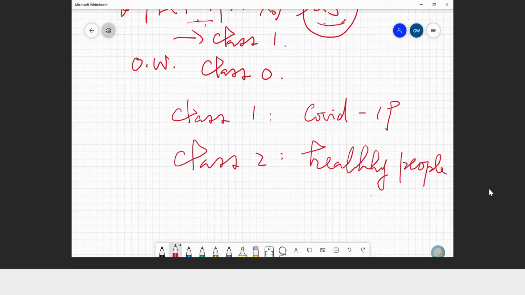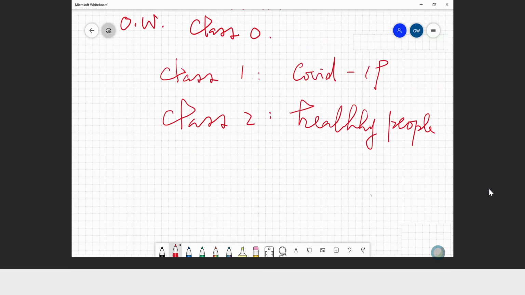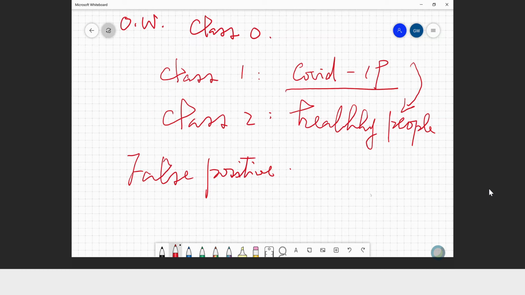What's the false positive? The false positive just means one person got COVID-19, but we mispredict them as healthy. That's true. They got COVID-19, but we say they are healthy.